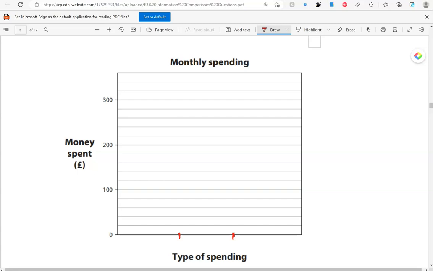So 260, here is 200, there is 300, so 220 here, 240, 260. So we're going up in 20. So this is bills.